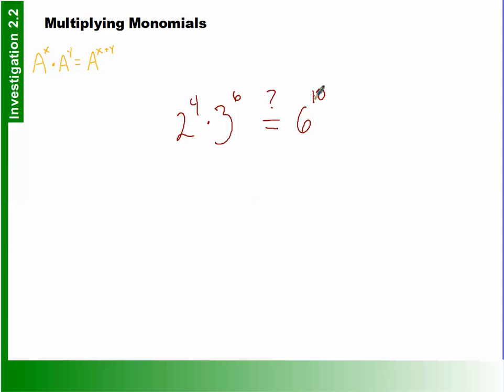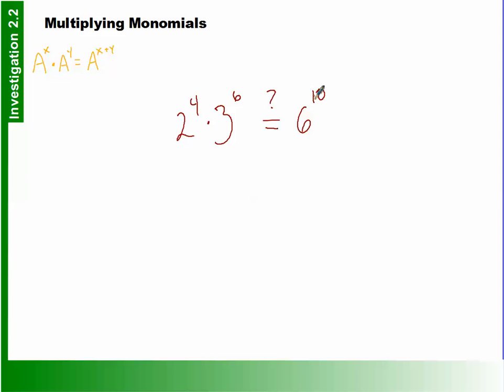All right. 2 to the 4th times 3 to the 6th, what do we get, Aiden?